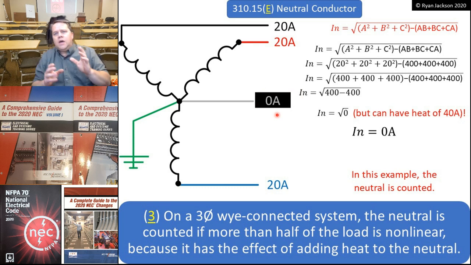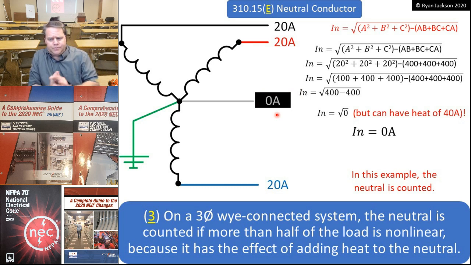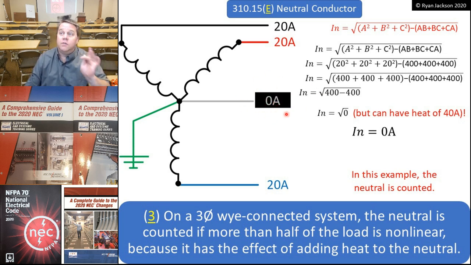Here's the thing. If I have a nonlinear load, especially an odd triplen harmonic, 3rd order harmonic, 9th order harmonic, 15th order harmonic, and I'll explain that, then it has the effect of adding heat on the neutral. Now, we could say that there's actually 40 amps worth of neutral current on there, and we can debate that, and quite frankly, I'm not interested, but here's the thing.